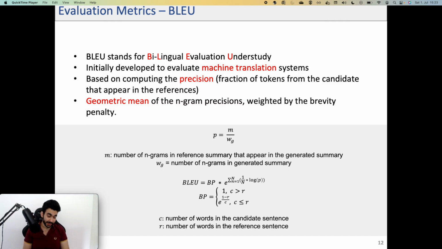How is this calculated? It is 1 if the length of the candidate is greater than the reference, and otherwise calculated as exponential of 1 minus r, where r is the number of words in the reference, divided by the number of words in the candidate, if the candidate is less than or equal to r.